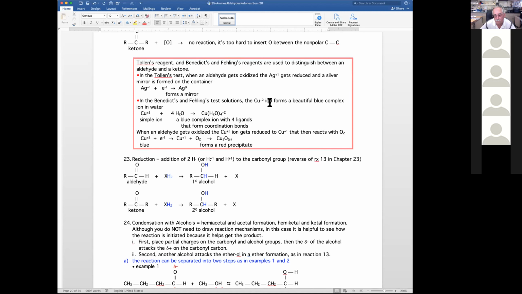And it's this really beautiful translucent blue. It's just what makes somebody want to go into chemistry just so they can make those kinds of solutions. But if the aldehyde gets oxidized, then the copper ion gets reduced, and then you form this red precipitate.